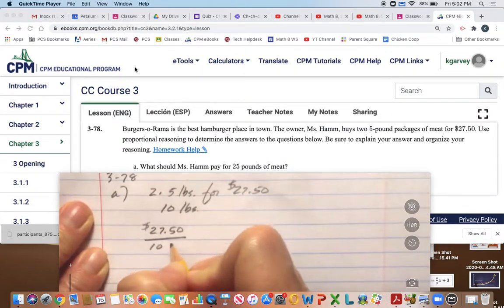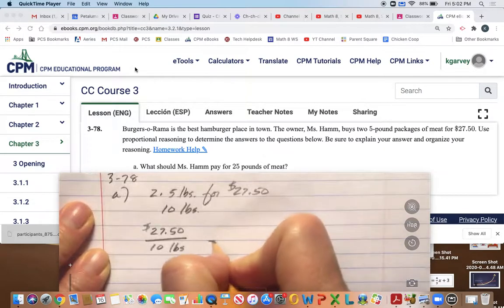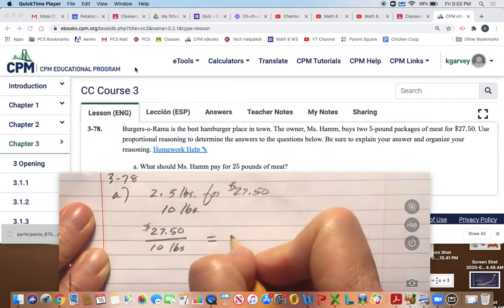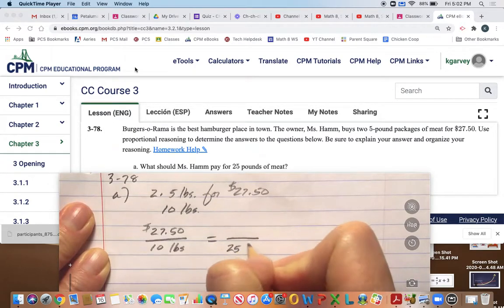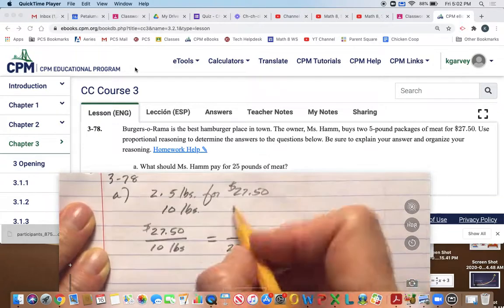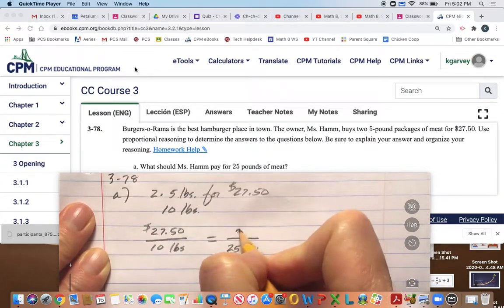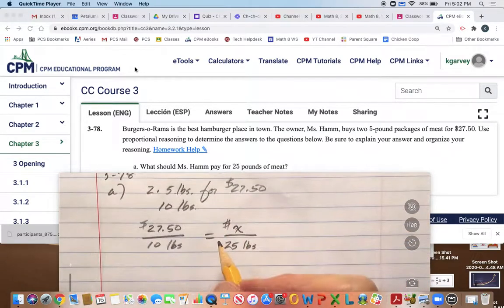to 10 pounds. And then we want to compare that to a ratio of, let's see, we know we want 25 pounds of meat. We just don't know how much money that's going to be. So the dollars are x, are unknown.